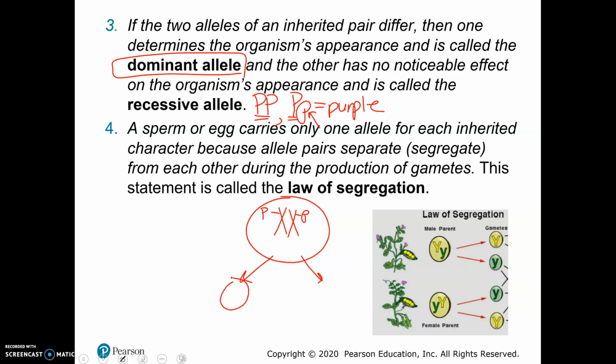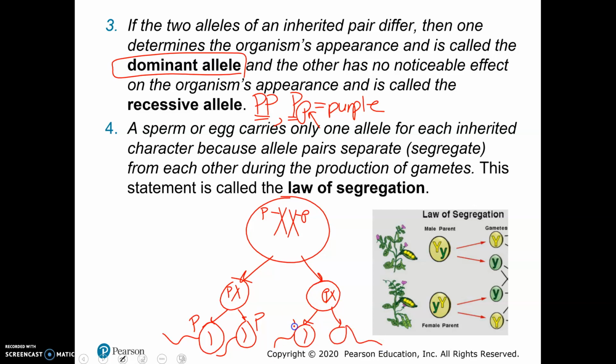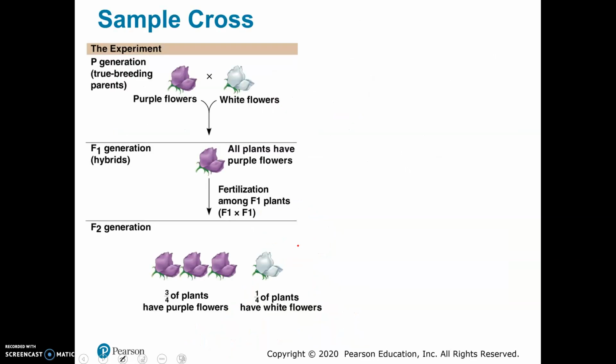The X's would split, and this one would get a big P, and this one would get a little p, and then technically this would split again, if you remember meiosis. So both of these sperm would have big P, and both of these sperm would be carrying little p. And that's the principle of segregation. Segregate just means to separate. And he basically didn't know about meiosis, but he was saying that during meiosis, the genes separate from one another.